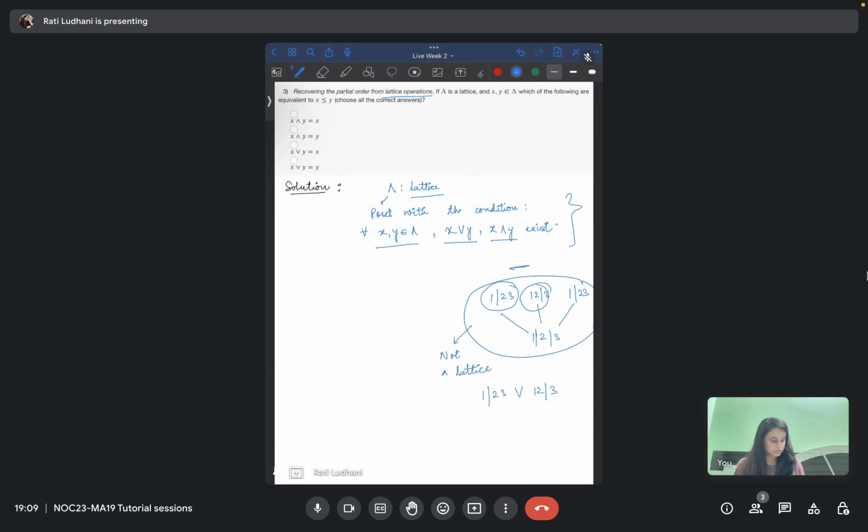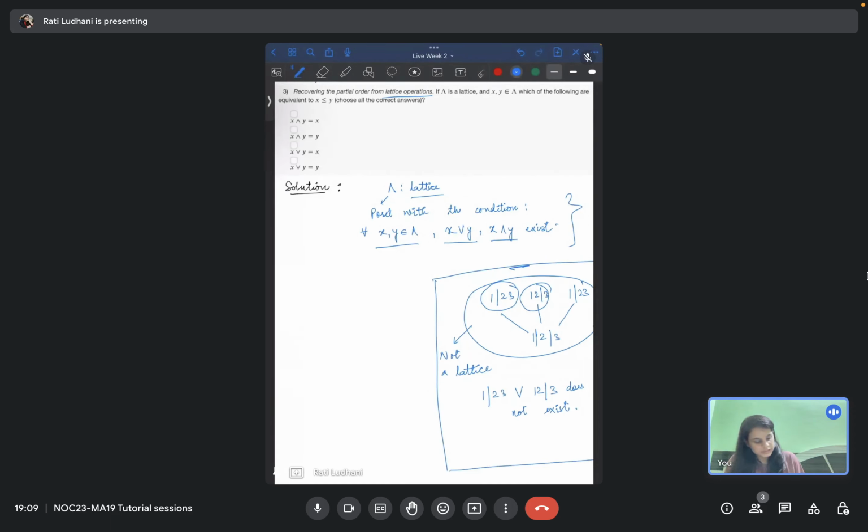So this does not exist. There is no such element here, so you are done. So this is not a lattice. There are posets which are not lattices.